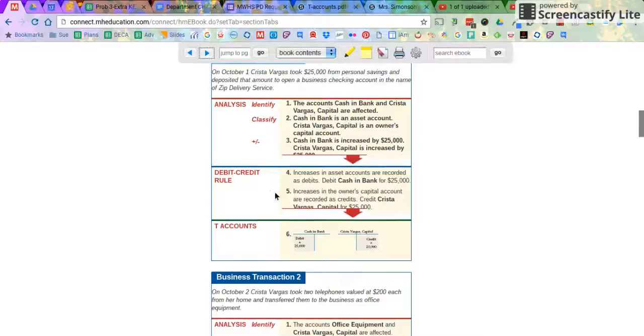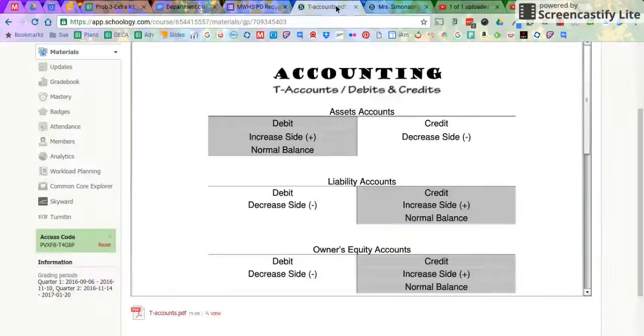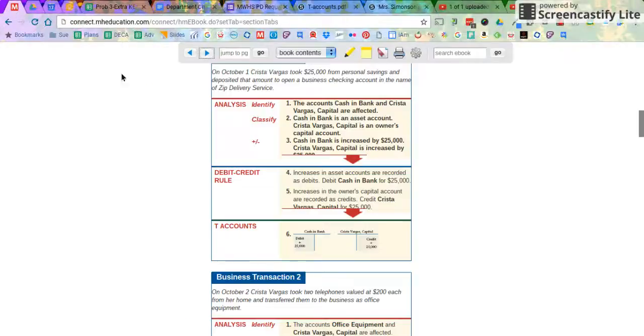If I look at my rules for debits and credits, and I have a little handout that I'm going to give to everybody, the increase side for an asset is a debit. Capital is increasing, and the increase side for capital is a credit. So my debits and credits are equal.